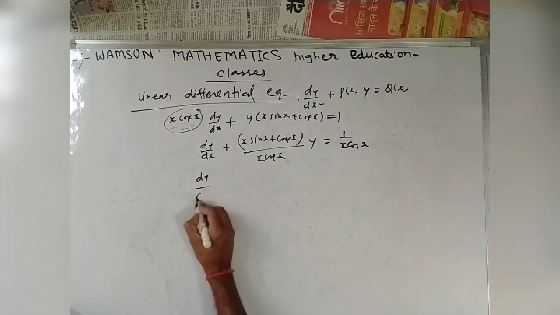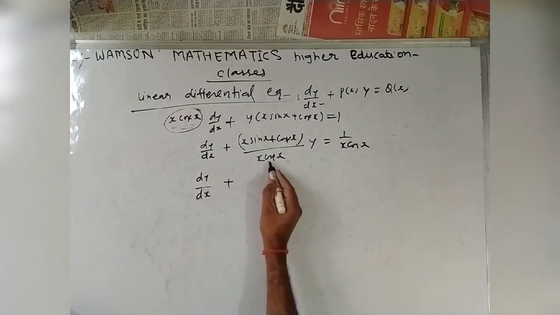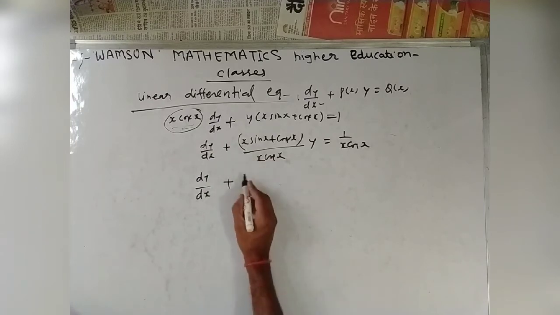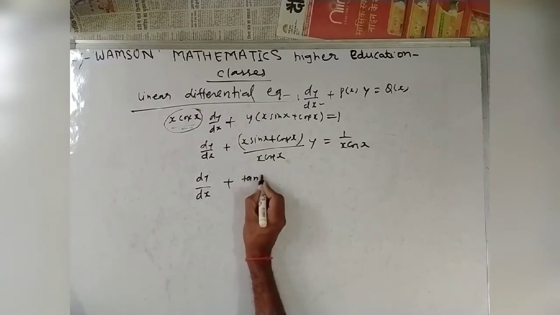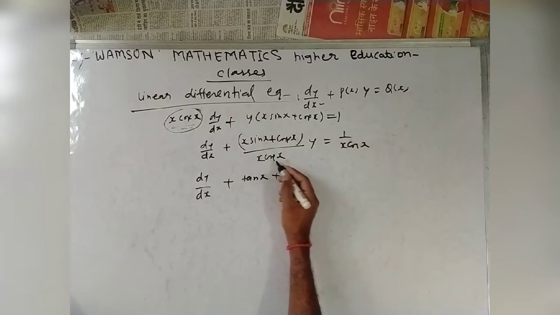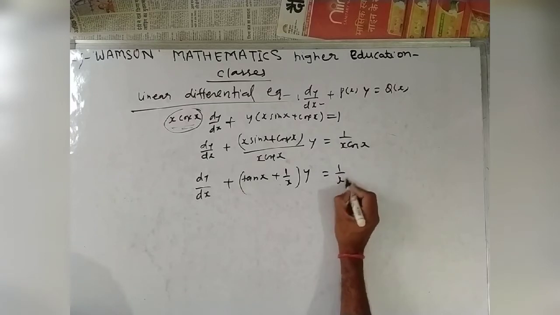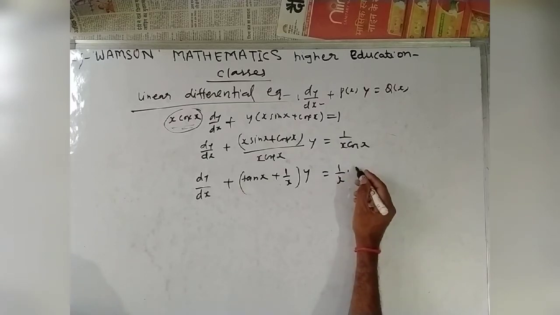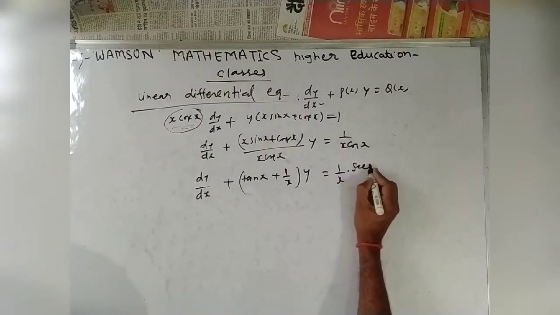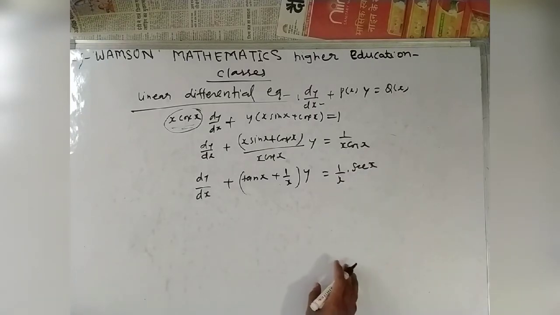So let me write here dy by dx plus, dividing this whole by x, the x cancels and this is tan x, plus 1 upon x, into y, is equal to 1 upon x into sec x.